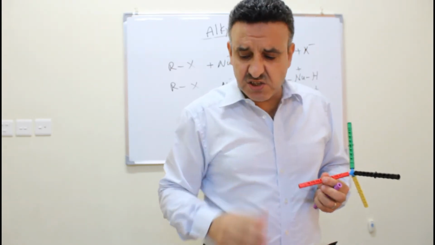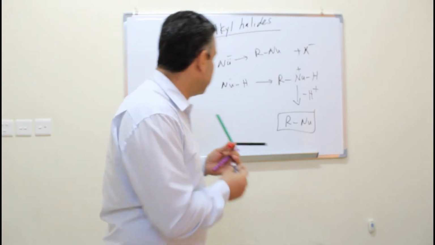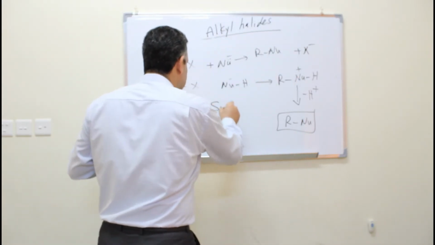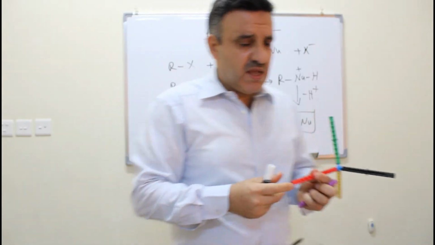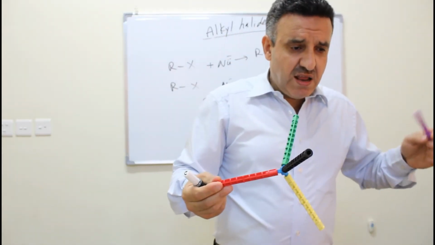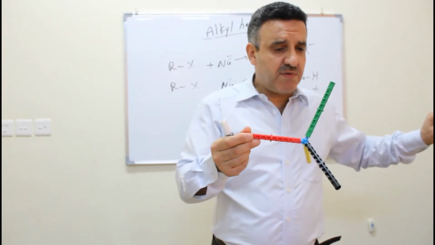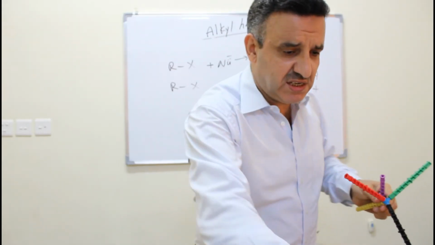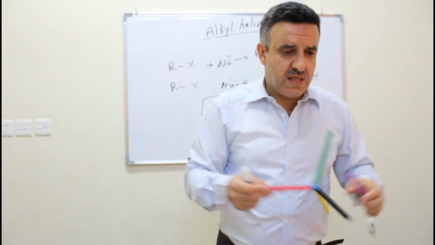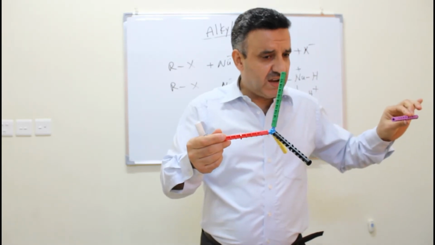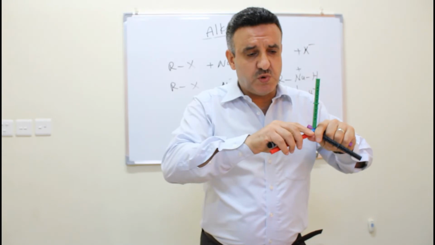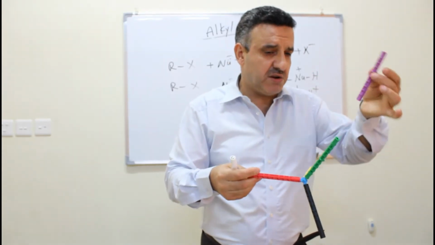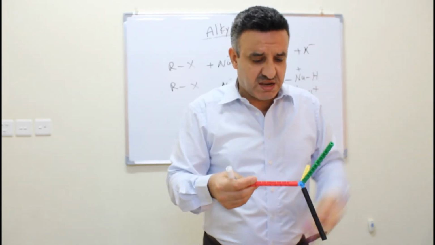In the Sn2 mechanism, what we are discussing now, the nucleophile will attack the carbon from the back side, as you can see in here. The nucleophile will attack the carbon from the back side, and then the halogen will leave, and then we will get the nucleophile connected to the carbon.